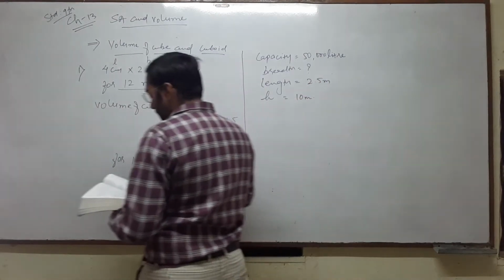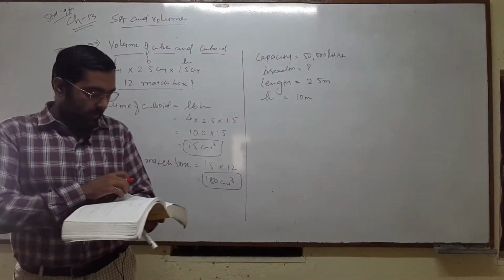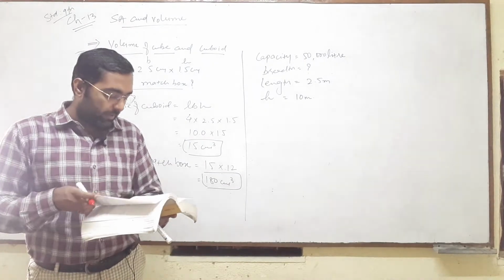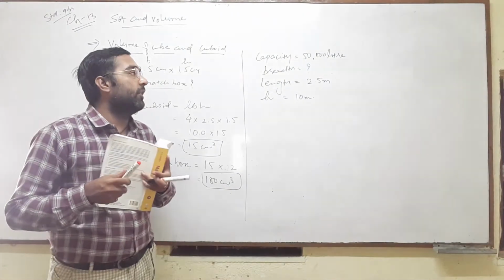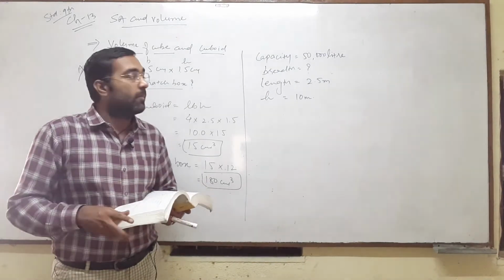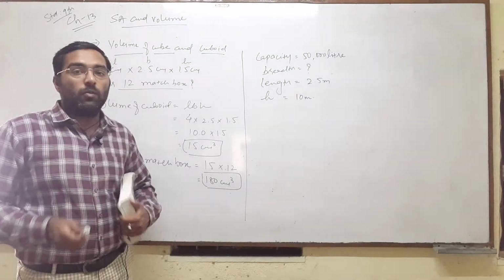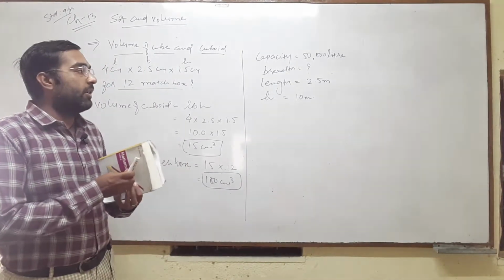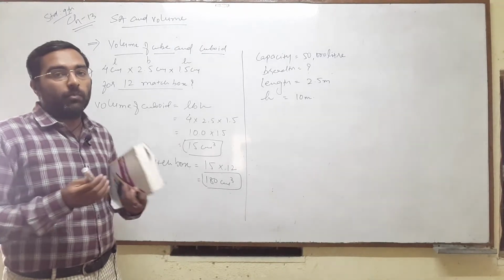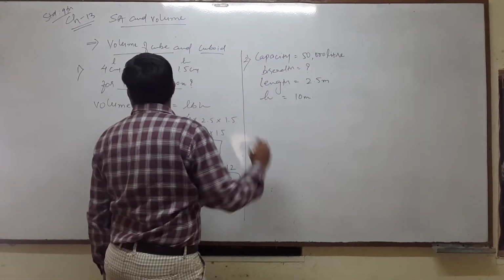Okay, here my question is, volume is already given. Yes students, volume is already given, that is 50,000 liter, and you need to find breadth of the cuboid, and length and height both of them are also given. This is my second question.